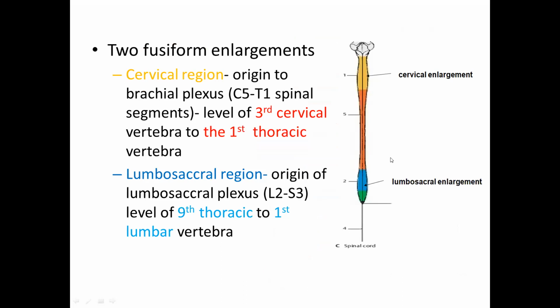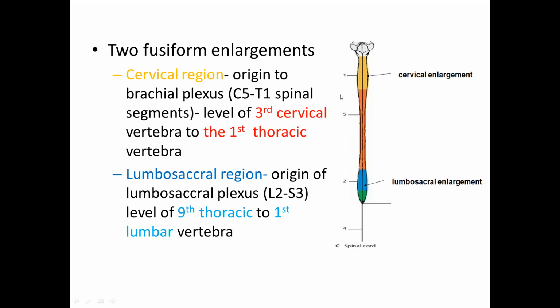Okay, and then if you look again at the gross appearance of the spinal cord, you see that there are two fusiform enlargements. That is at the cervical region where you have the brachial plexus arising, right? And in the lumbosacral region where you have the lumbar plexus for the lower limbs arising, right?